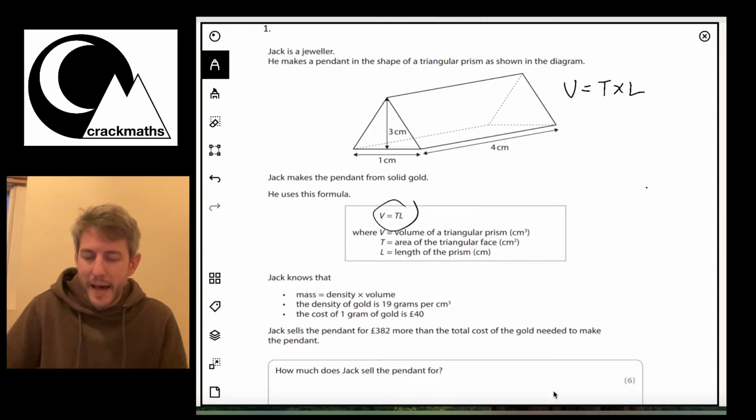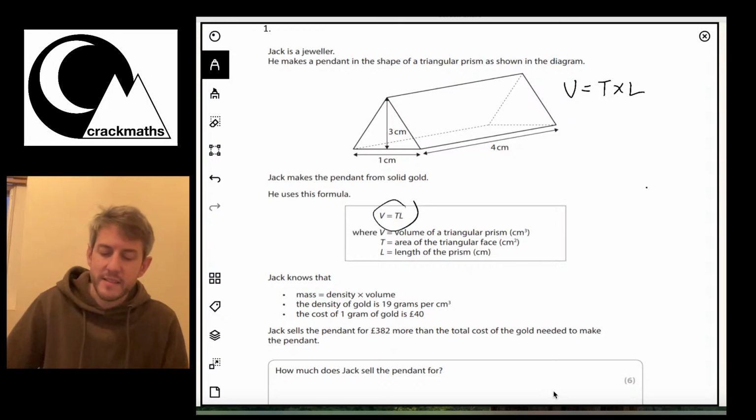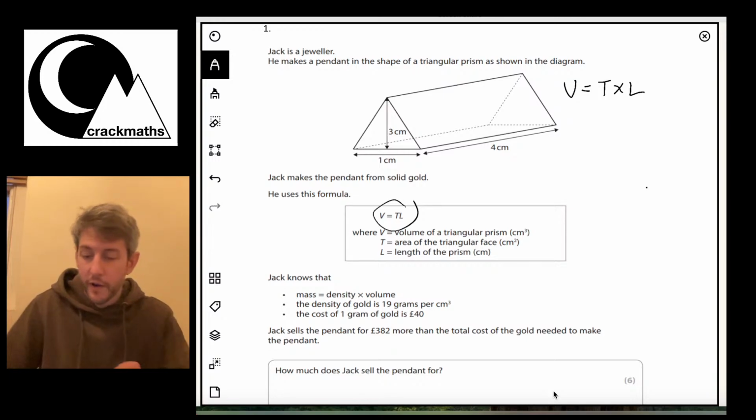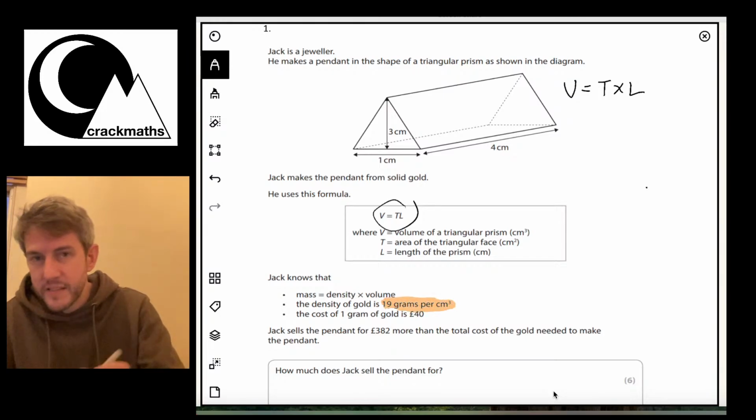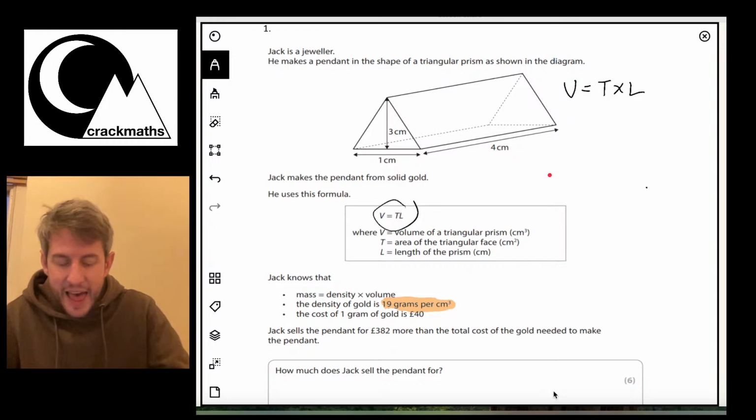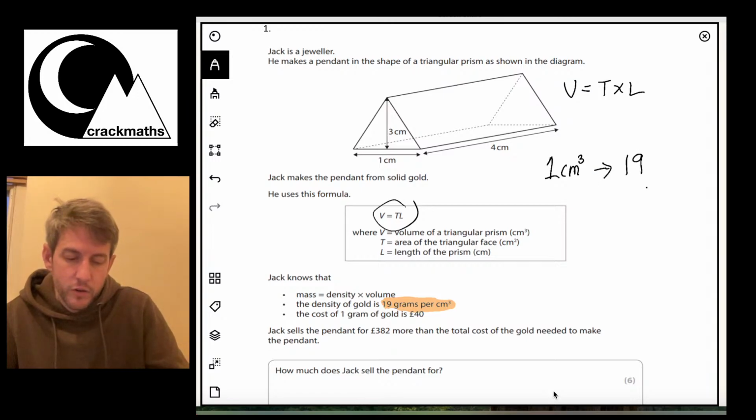Jack knows that mass equals density times volume. The density of the gold is 19 grams per centimetre cubed. Let's just focus on that a second. 19 grams per centimetre cubed means that every 1 centimetre cubed equals 19 grams.